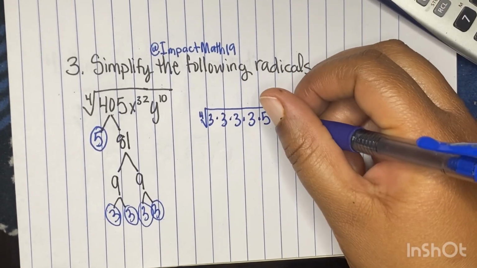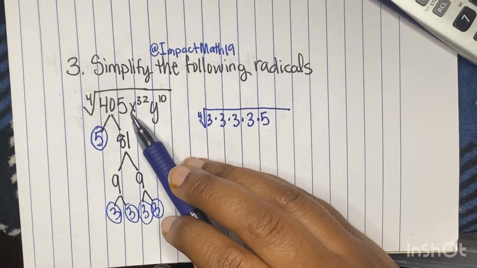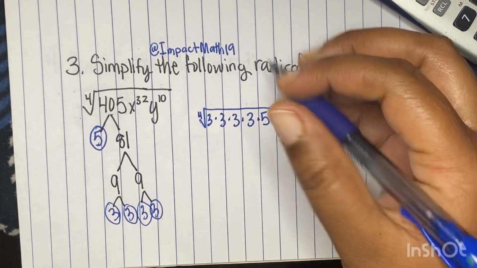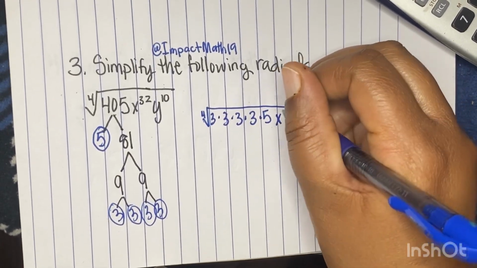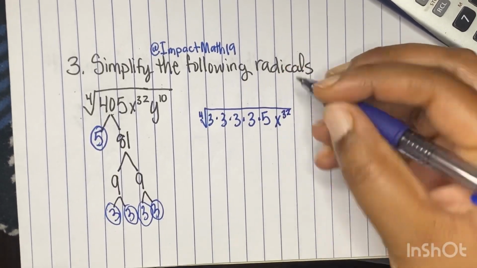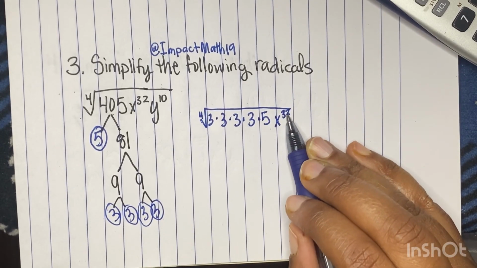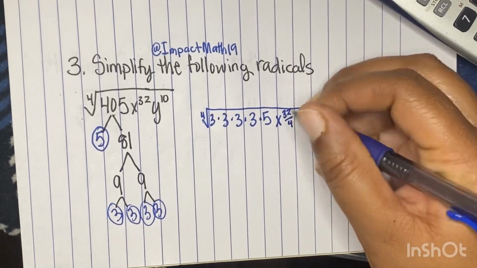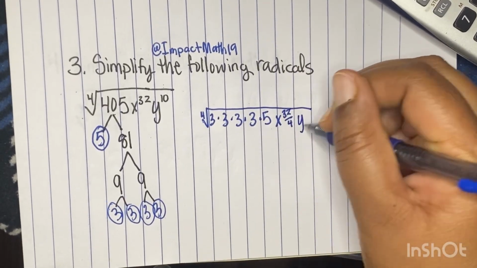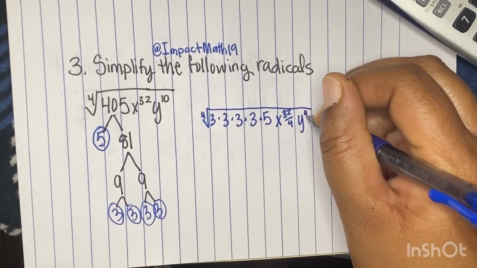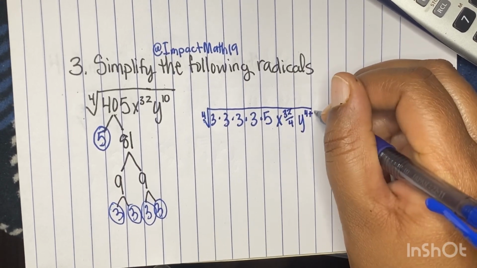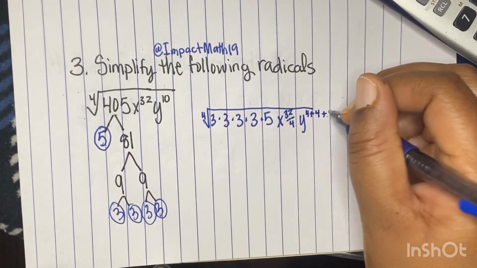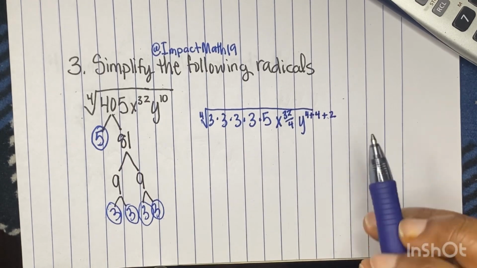And now we don't want to draw out x 32 times. So what you can do as a shortcut is take this exponent and divide it by 4. Same thing with the y. We could say y to the 4 plus 4 plus 2 will give us 10, right?